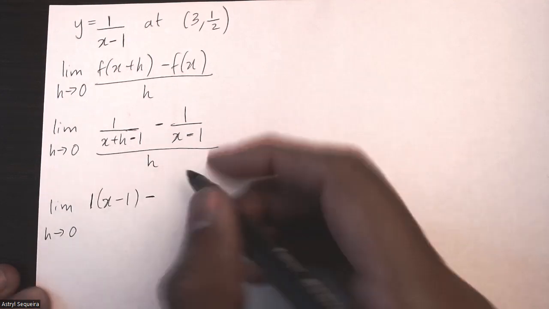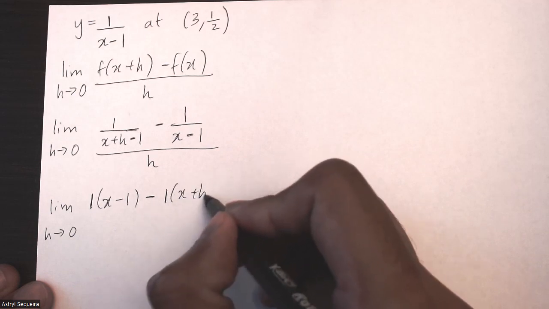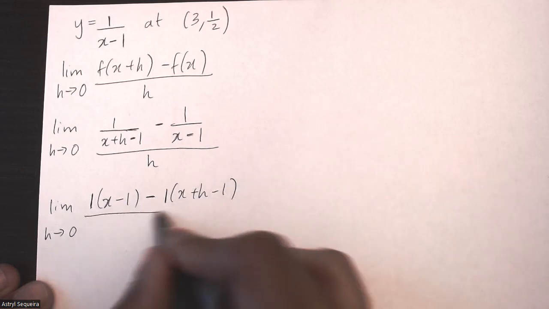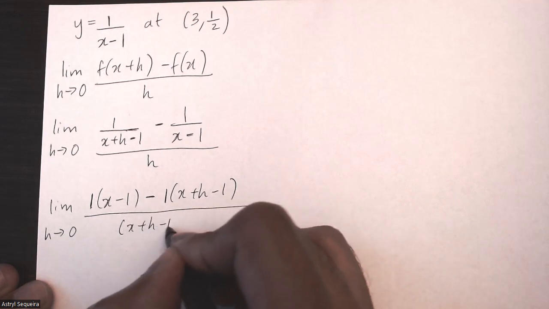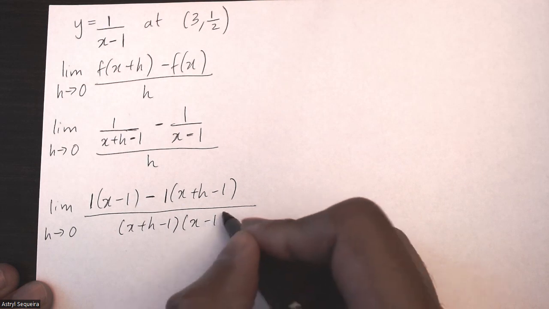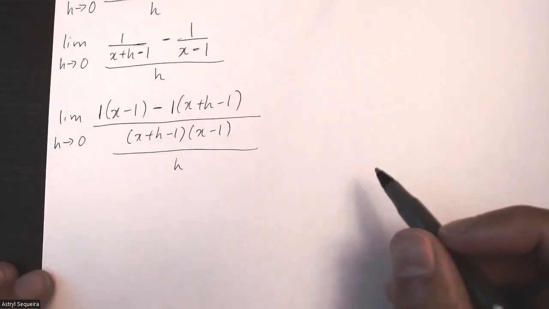Then here I have 1 times x plus h minus 1. And I have a common denominator of x plus h minus 1 times x minus 1. And this is all divided by h.